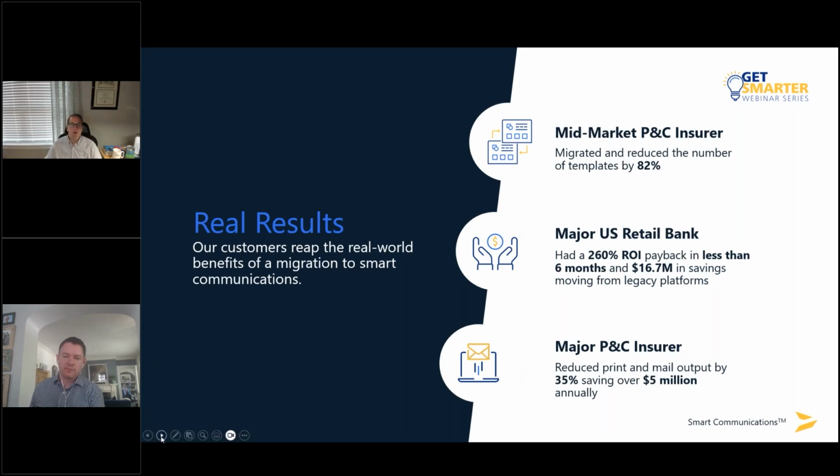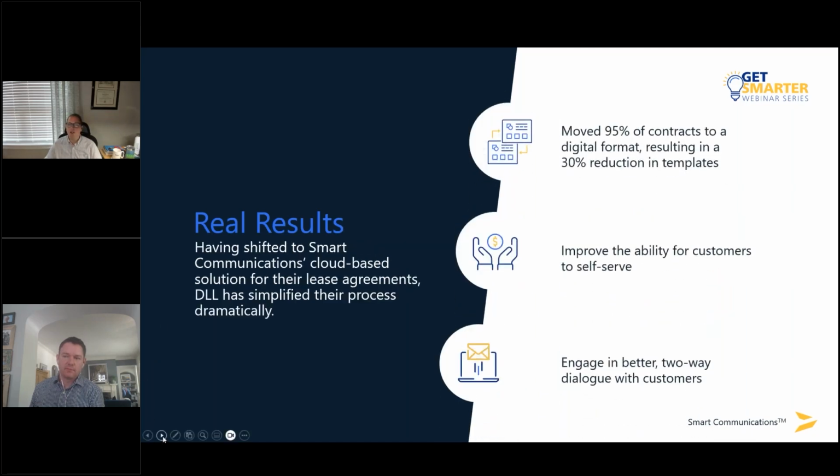So just one more customer result that I wanted to share with you. This one particular customer of ours moved 95% of their contracts to a digital format. So instead of having a more pen and paper approach, they had a more digital approach to their customer contracts, which ended up reducing how many templates they needed to produce these variations by 30%.